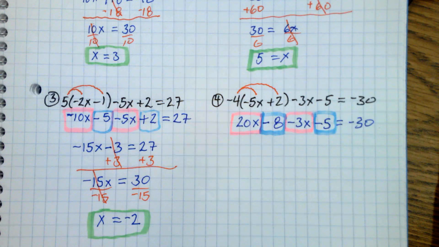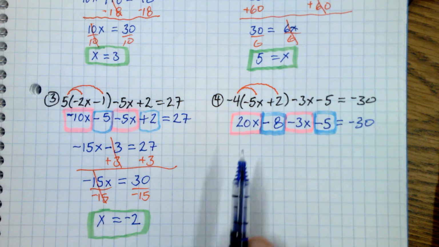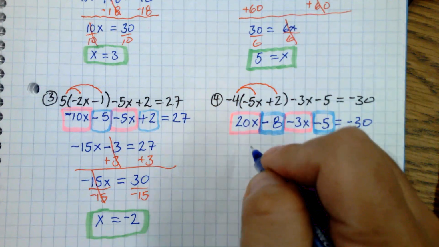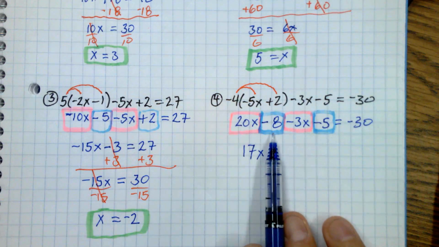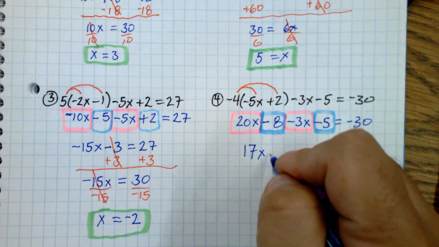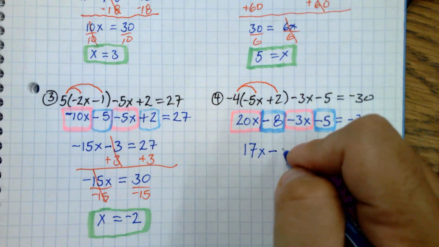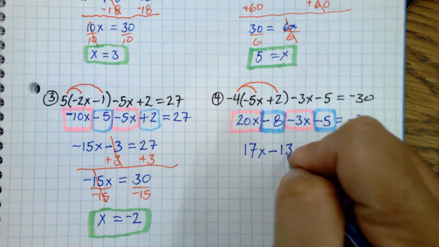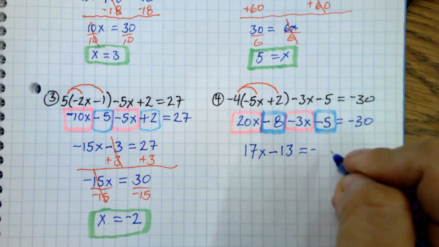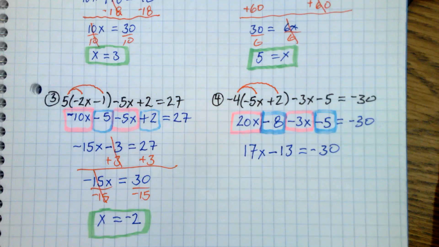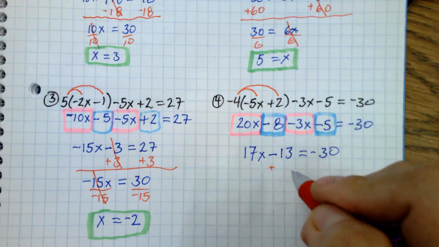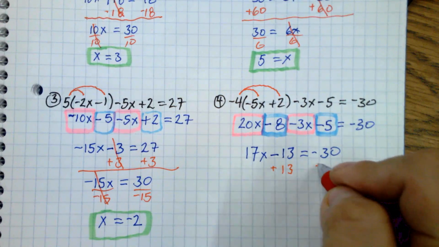Okay. So let's see. 20 and negative 3. That's going to be 17x. And if we add negative 8 and negative 5, that's negative 13. Check my math on that. Is that good? Okay. Let's solve the rest of it. By this point, it's easy street, hopefully, for all of us.